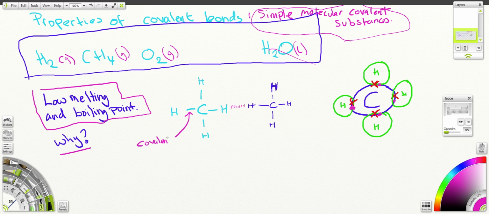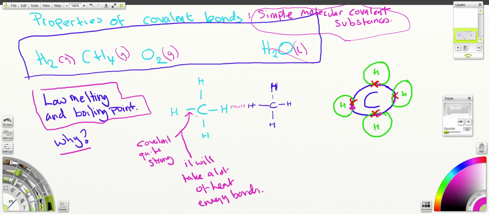So covalent bonds are generally quite strong, and it takes a lot of heat energy to break these bonds.